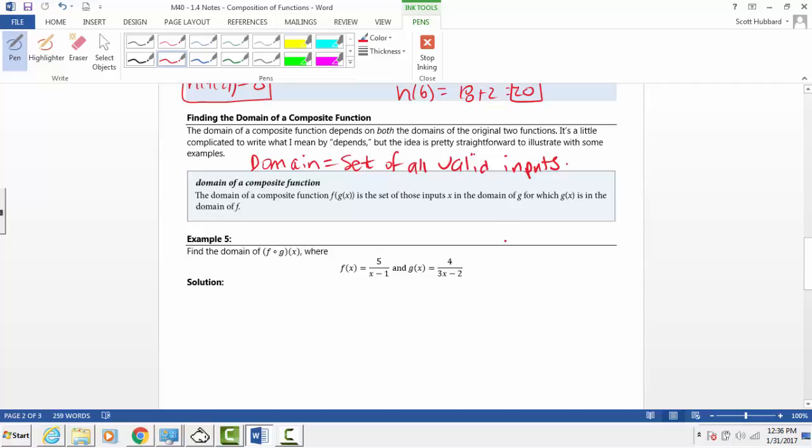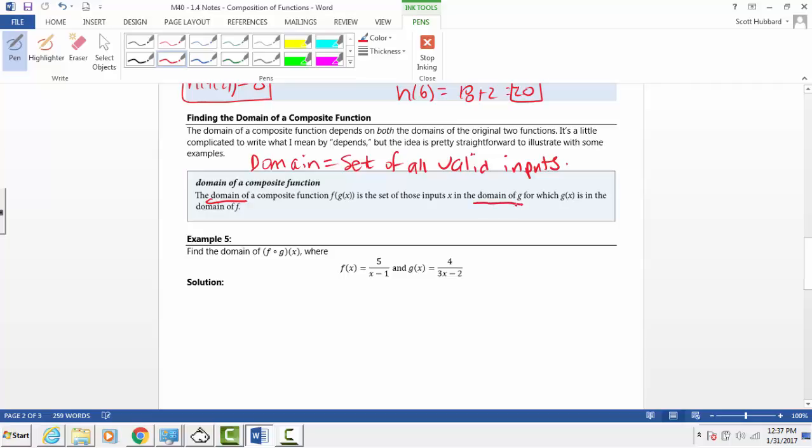Remember we have to be careful because inputs could have different variables, but typically it's x, but what it means is what can go into the function. And basically remember that means we don't want to divide by 0, and we don't want to take square roots of negative numbers.